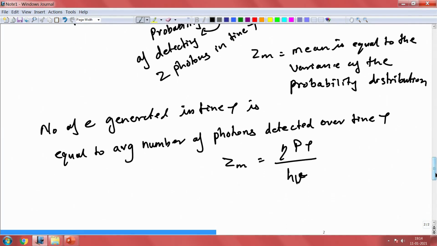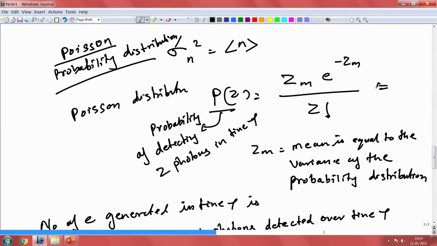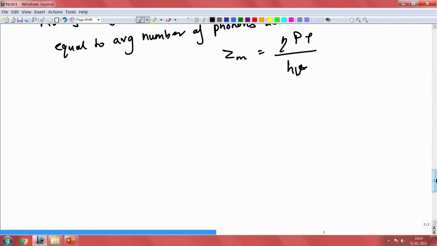So now we can look at the distribution from here. Let us look at two different distributions, when Zm equals 10 and Zm equals 100. So you have 10 photons and you have 100 photons, let us say.